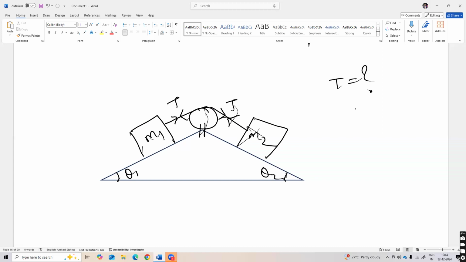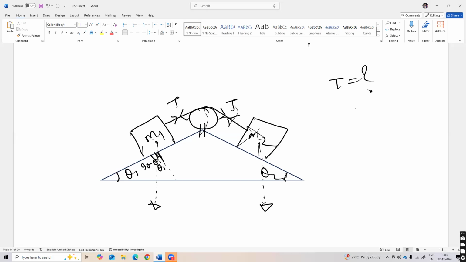We know that if this is the mass, then weight will act in this direction. Similarly, for this one, weight will act in this direction. If this angle is theta and we draw a horizontal from here, and this is 90 degrees because this line is perpendicular to this wedge, then this angle is also theta, because this angle is 90 minus theta and the remaining angle is again theta 1.